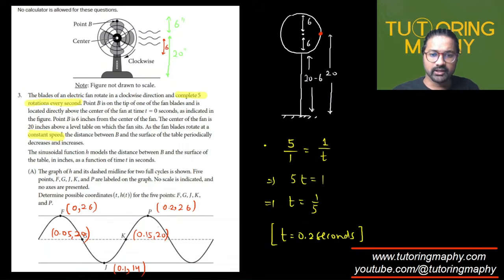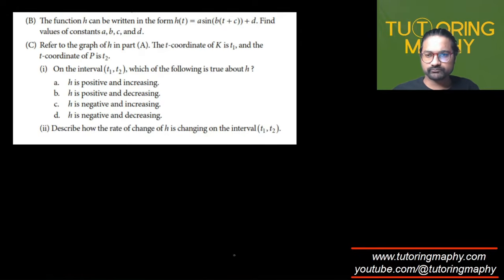Hope that makes sense. In part B, we're asked to write the equation in the trigonometric form, which is this, and find the constants A, B, C, D. Okay, we can do that. Now h of t is given by a sine b t plus c plus d.